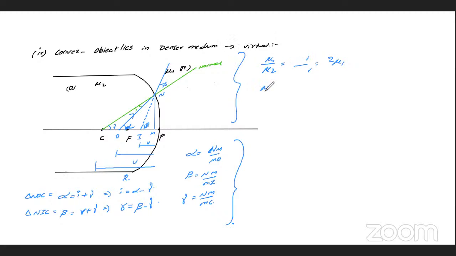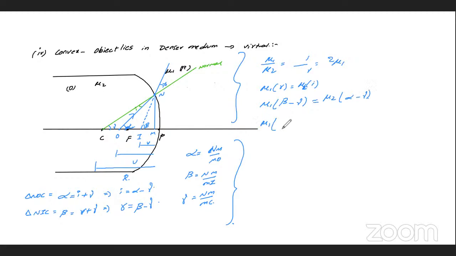So I'll multiply: mu2 into R is equal to mu1 into I. Now I'm going to substitute the relations: R is equal to beta minus gamma, and I is equal to alpha minus gamma. I'm going to substitute these alpha, beta, gamma.